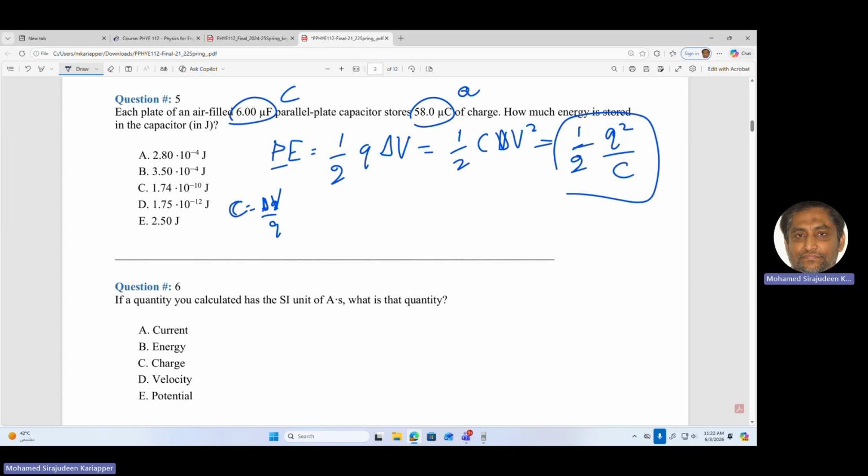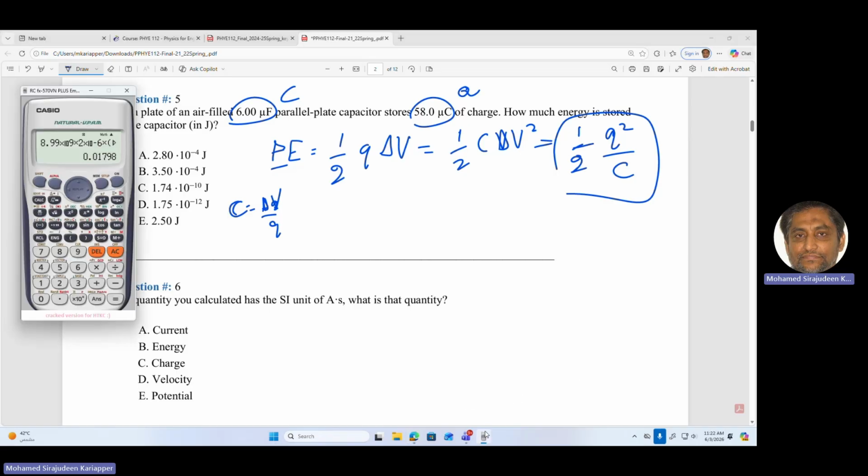And you know the answer? Tell me. Let's do it quickly just to make sure. So let me put this fraction. Q squared, which is 58 microcoulomb squared, 58 exponent minus 6.